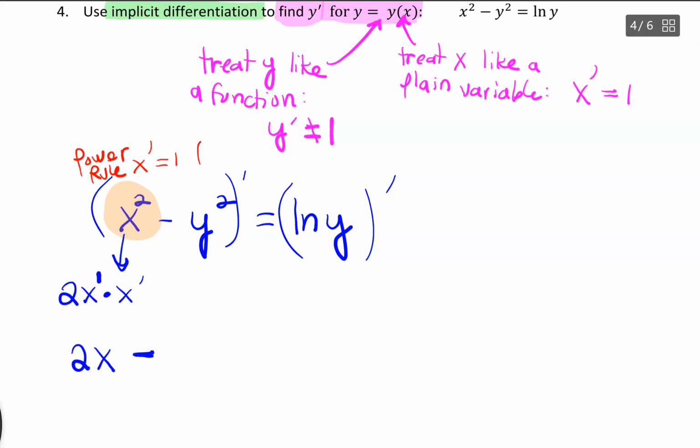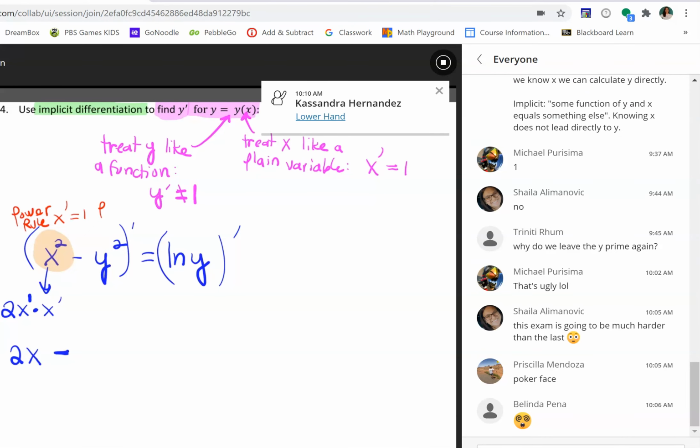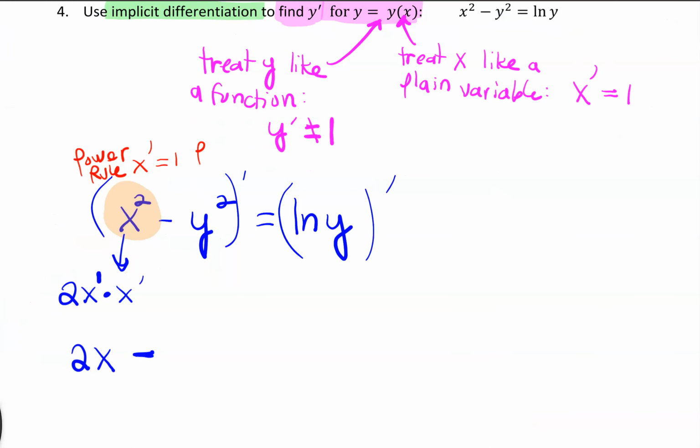Minus, now again, I'm going to do the, oh, go ahead. So right here in the step where you multiply 2x times the derivative of the base, because you treat x like a plain variable, if it weren't 1, we would still treat it like 1? So if x is a plain variable or t is a plain variable or whatever input variable they're giving, the derivative of that is always going to be 1, because where that comes from, just a little side here, is from algebra.